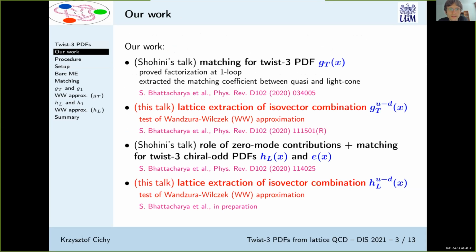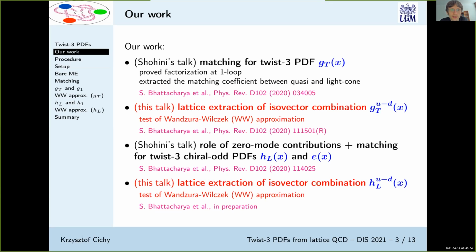Such quasi-distributions have the same infrared physics as your desired light cone distribution, and they differ in the ultraviolet. So you can compute the difference in perturbation theory and do the so-called matching. In the first part of the work, we derived the matching formula for the Twist-3 PDFs.